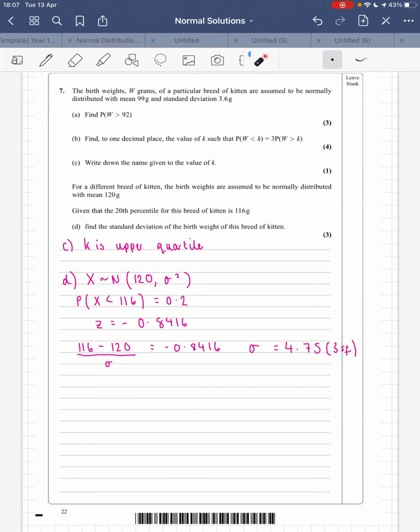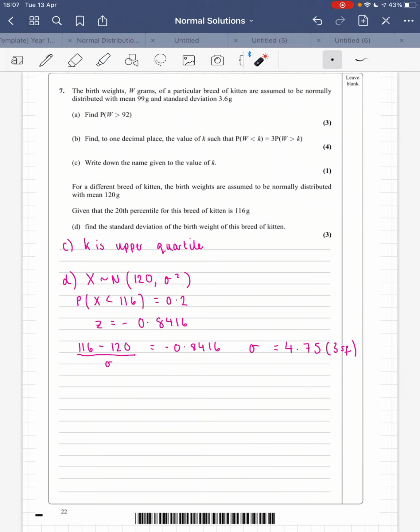I can use the percentage point table, but because the percentage point table gives me all of the probabilities greater than, and my probability is less than, I need to take the negative value. So I find 0.2 in the table, and I read off the value of 0.8416, but I make mine negative because my probability is less than instead of greater than.